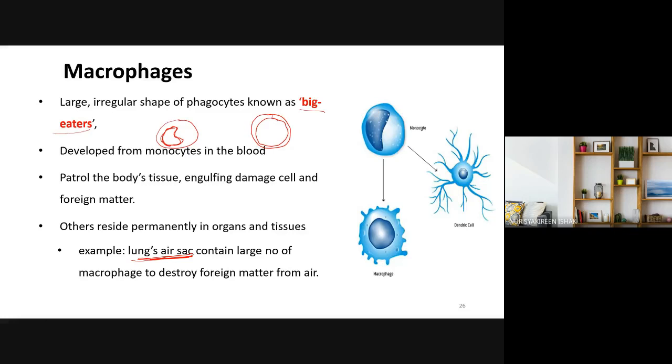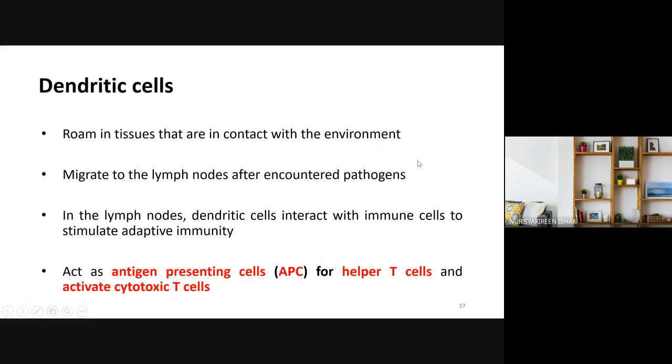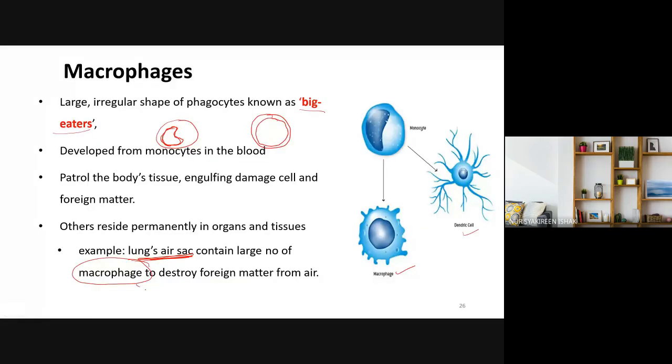So if these contaminants that contain, for example, virus or other pathogen manage to enter into your lung, the defense mechanism is that the lungs will have macrophage to engulf that pathogen. Okay. So this is macrophage and this is dendritic cells. As for the dendritic cell, ingat yang ini pun macrophage ni akan jadi antigen presenting cell.